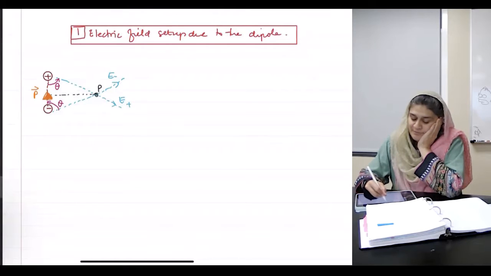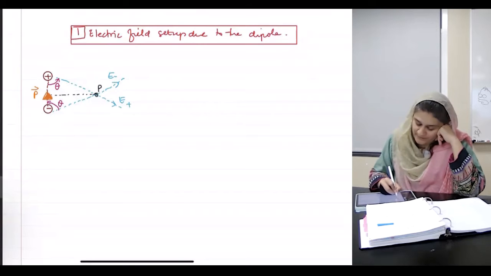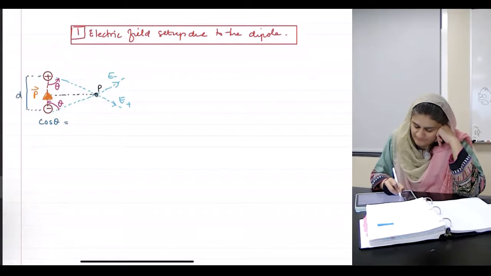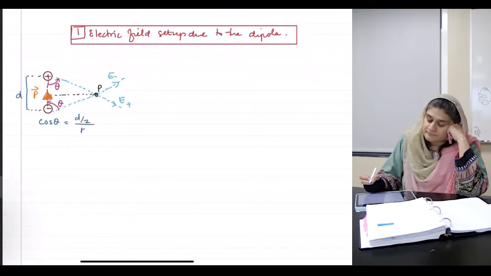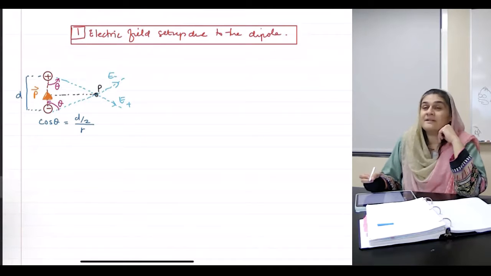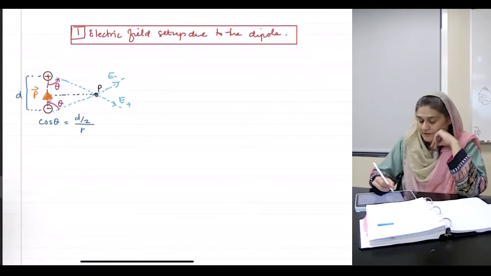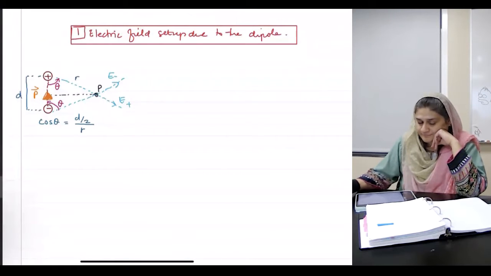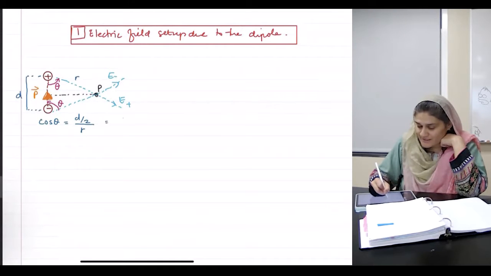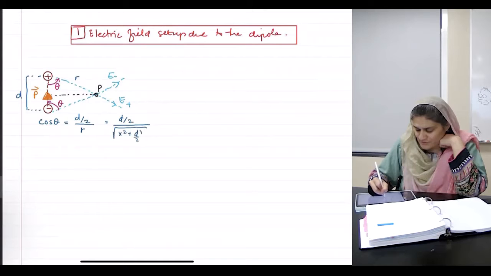And may I write, before I do anything else, over here, will my cosine theta be, if this distance is d, d over 2 divided by r. Cosine theta is base over hypotenuse. If this distance is r, may I also write this as d over 2 square root of x squared plus d over 2 squared?